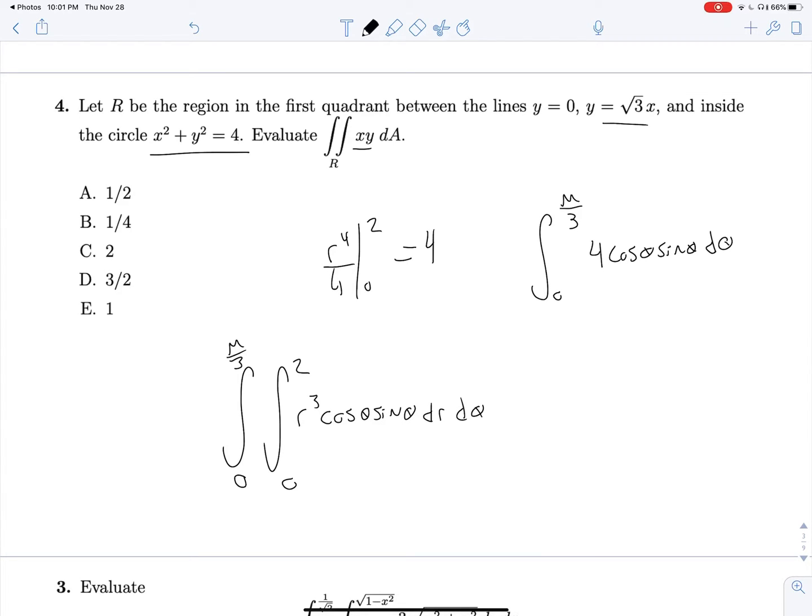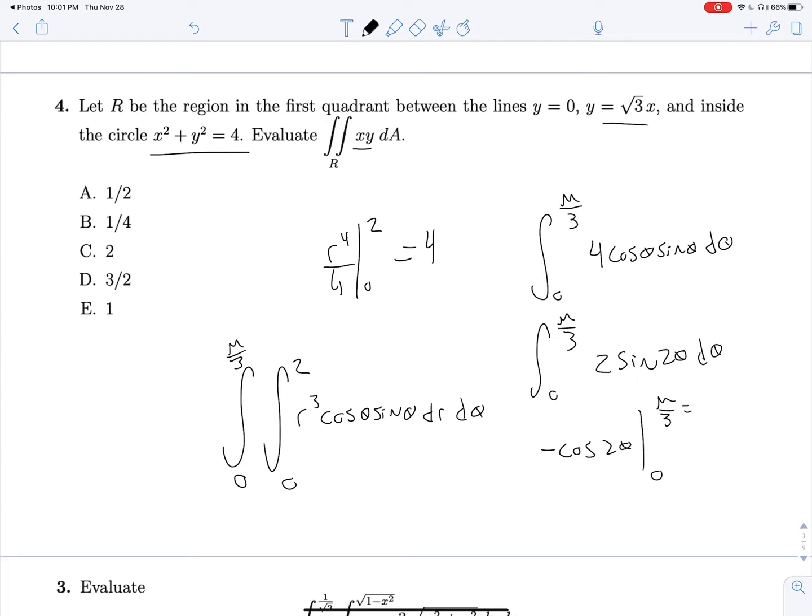Well, one of our identities that they like to make us use a lot is the identity that says that 2 cosine theta sine theta is equal to sine 2 theta. So we can replace this thing, the integral from 0 to pi over 3 of 2 sine 2 theta d theta, which when we integrate will give us negative cosine 2 theta evaluated on 0 to pi over 3.